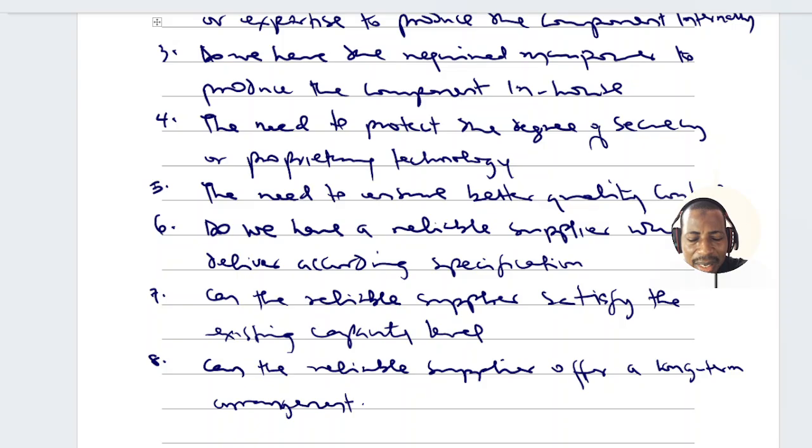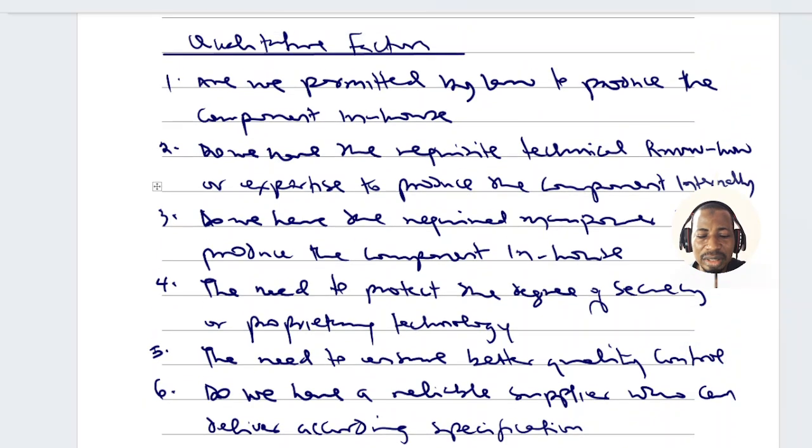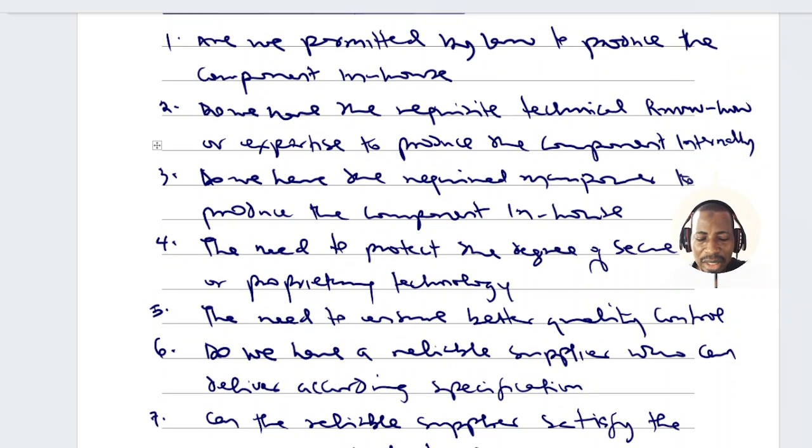That's another factor you need to take into consideration. So you can add 2 more from the internal, especially the need to ensure better quality control of component KP6.